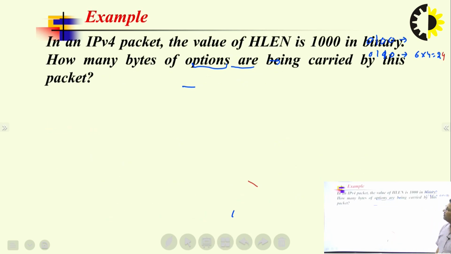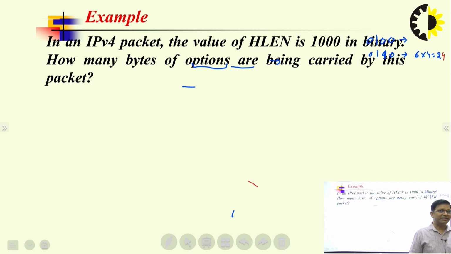So next example. In an IPv4 data format, the value of HLEN is 1000 in binary. How many bytes of option are being carried by this packet? 1000 is 8. 8 multiplied by 4 is 32.